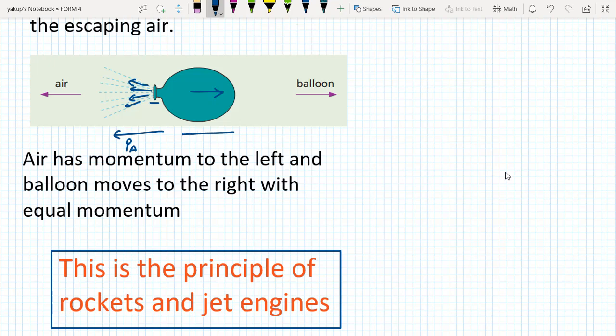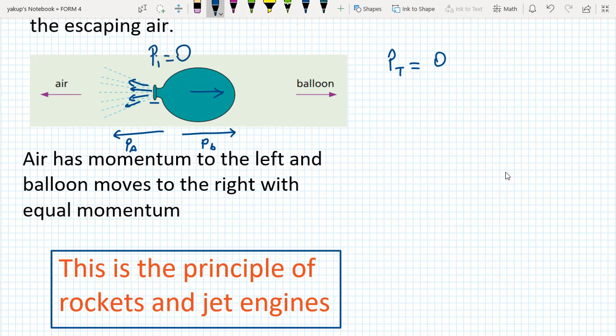The balloon will have the opposite direction with the equal momentum, so the total momentum will be zero again, because at the beginning there was no momentum.